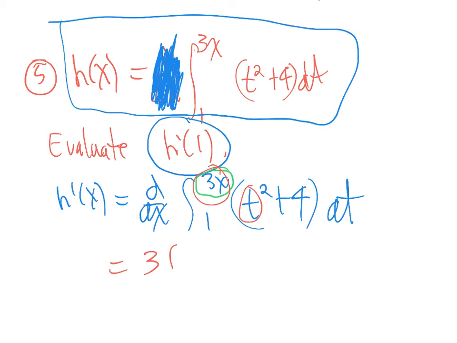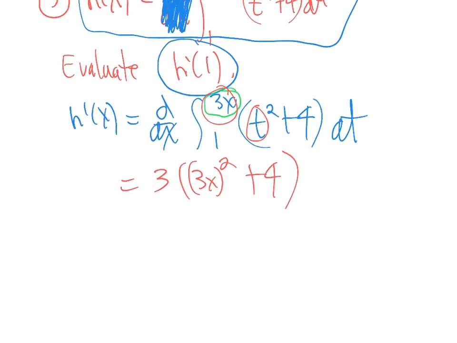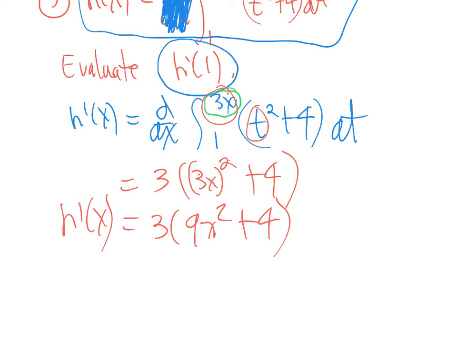So it's just going to be 3 times (3x) squared plus 4. So it's going to be 3 bracket, 3 squared is 9, x squared is x squared, plus 4. And that, folks, is h prime of x.